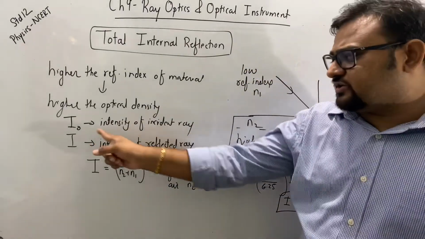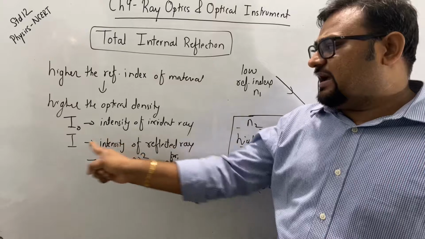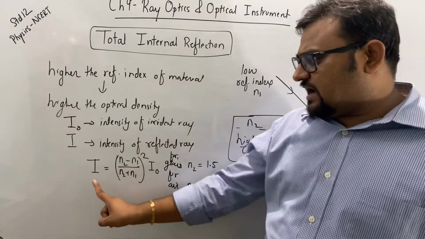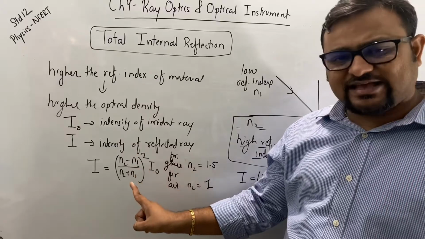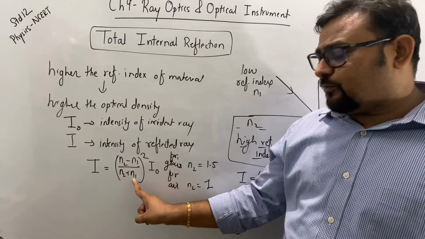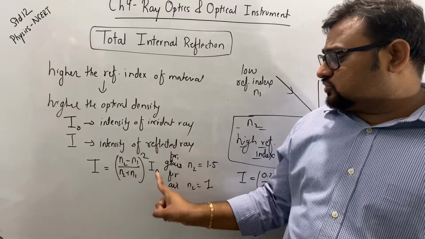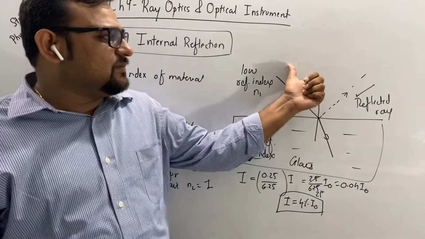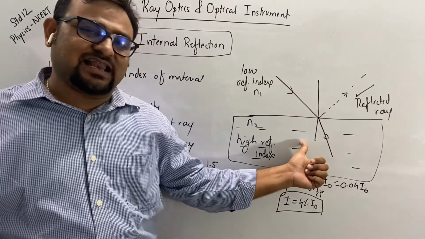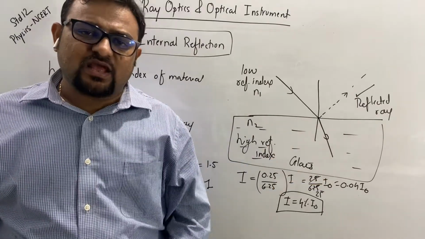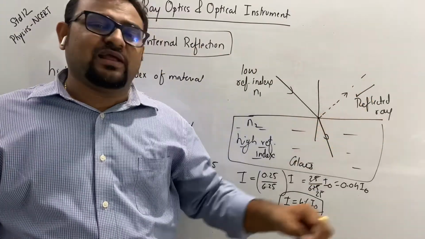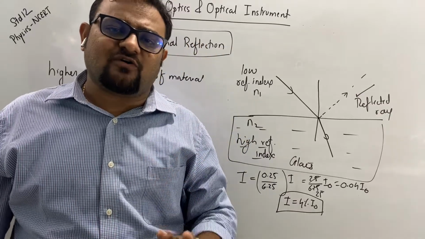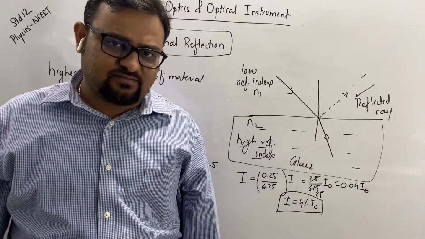So if I0 is the intensity of incident ray and I is the intensity of reflected ray, then according to this formula, I will be equal to (N2 minus N1 upon N2 plus N1) whole square into I0. So if I take this medium as air and this as glass, then the reflected ray will have intensity of 4% of incident ray.